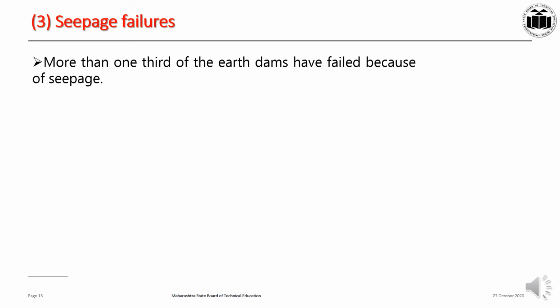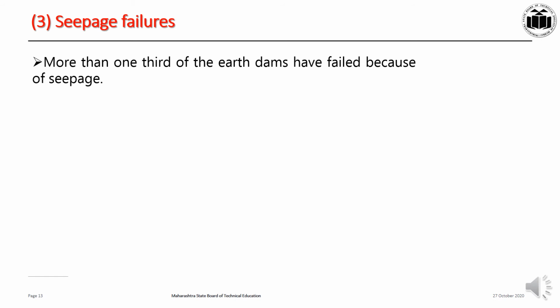Before starting the seepage failure, first we learn what seepage is. Seepage is the flowing of water through the pores of the soil. If there is continuously flowing water through the pores of the dam, or a leakage in a dam, then it's called seepage.